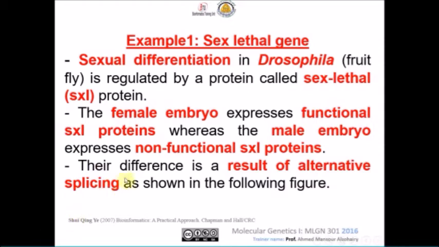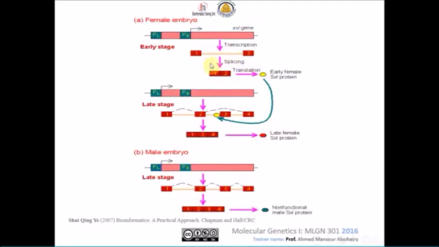The main difference comes from alternative splicing, as shown in the following figure. Let's see the following figure and concentrate on what happened. In this example, first of all, this gene has alternative promoters. We already mentioned in the last lecture that these two promoters control the same gene, one for the early stage and another one for the late stage of embryo development.